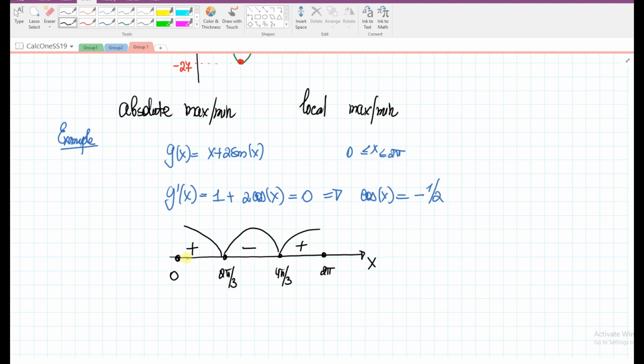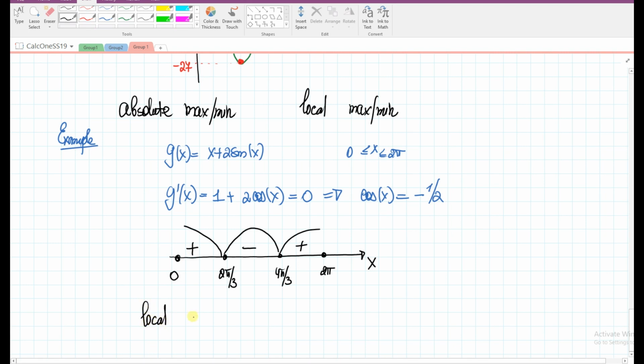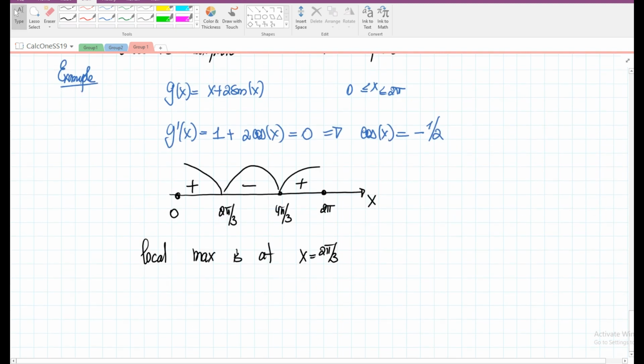At which point does the function attain its local maximum? At 2 pi over 3, because before this point it is increasing, then after this point it's decreasing. So the local maximum is at x equal to 2 pi over 3, and the local minimum is at x equal to 4 pi over 3. Good?